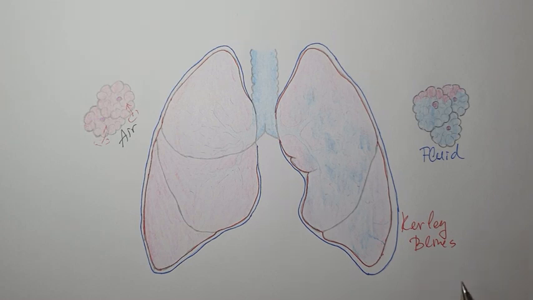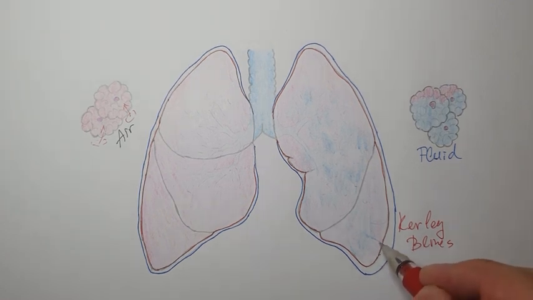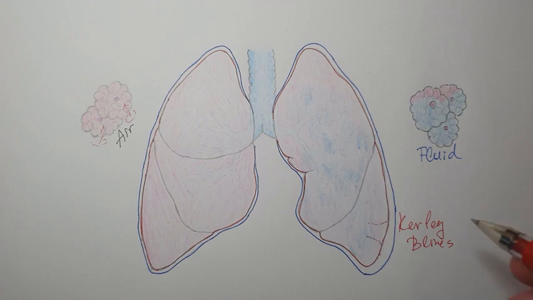They can be seen in the bases of the lungs. As the septa between the lung tissue become more edematous because of fluid, we can see them as fine white lines. That means that there is some fluid accumulating in the lung, and that is called Kerley B lines.